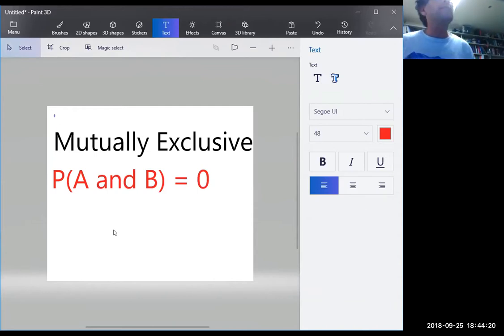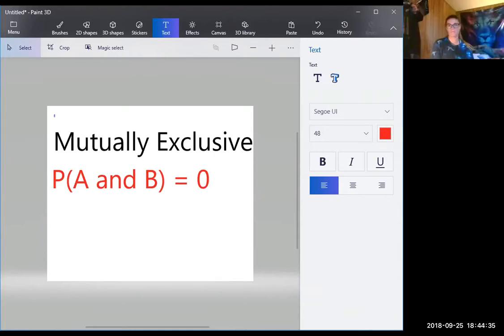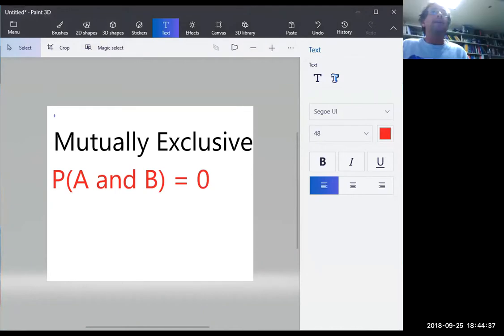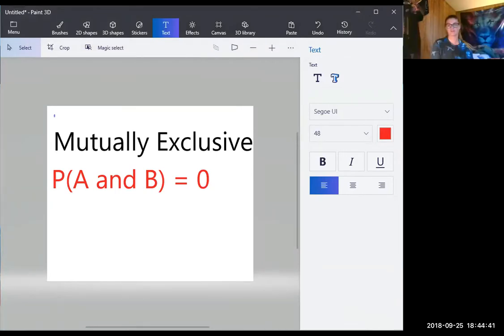So notice that if our event A was living in Tahoe, and event B is being female, are those mutually exclusive? No. Why not? Because I can answer yes to both.